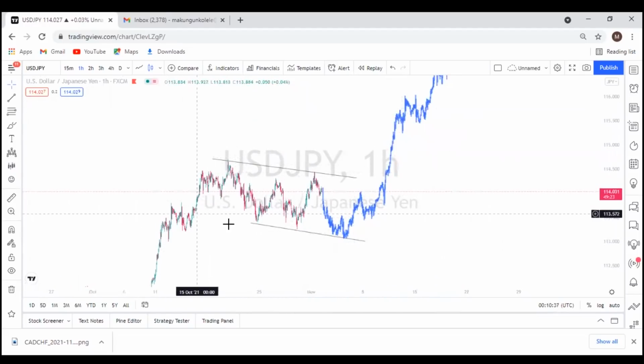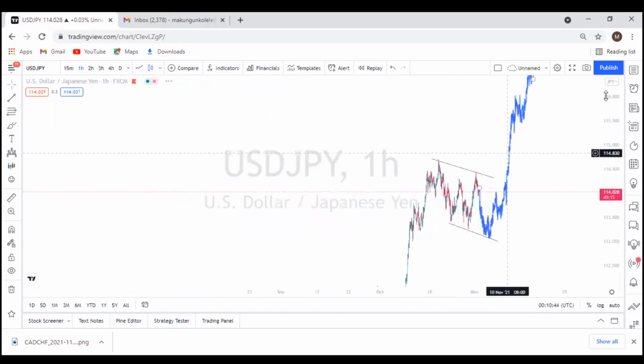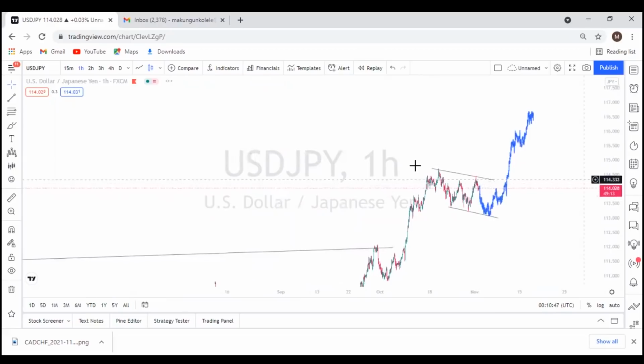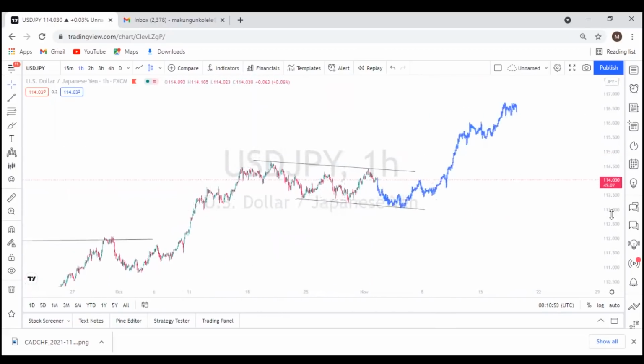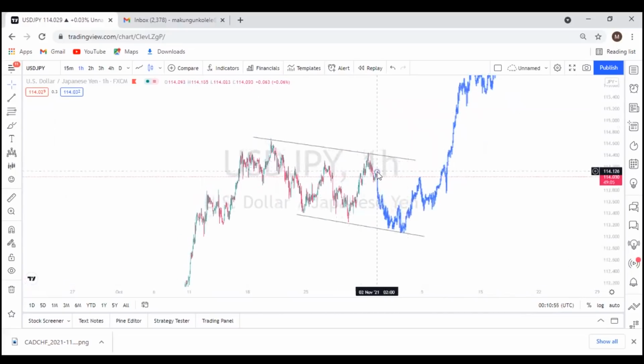So we are anticipating something like this: first touch, second touch, third touch, buy, right? So that is what we want. So that is USD Jpy. This should take a while, maybe give it another day or so for it to reach our support.